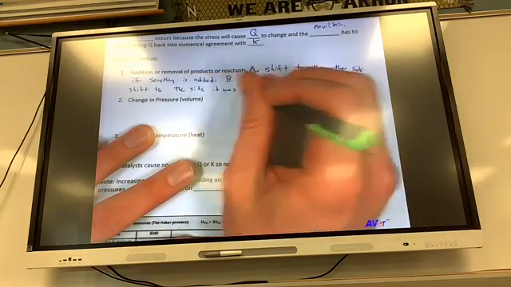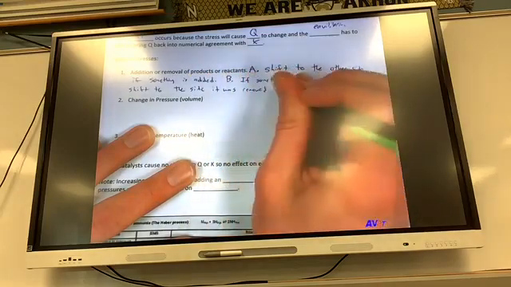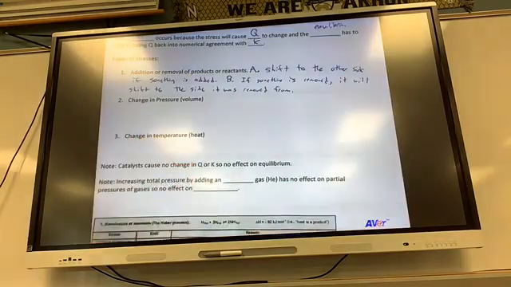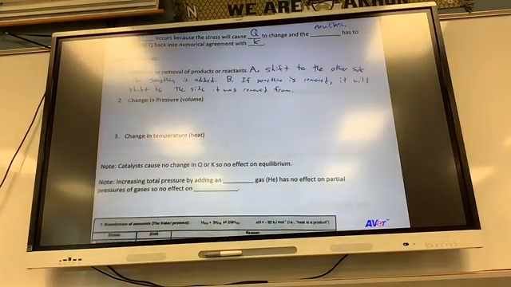I think about this kind of like diffusion of water. If you have a little hole in the middle, and I add water to one side, it's going to push it to the other side. If I remove water from one side, it's going to go back to that side that I removed it from. So that's the first way you can change it.